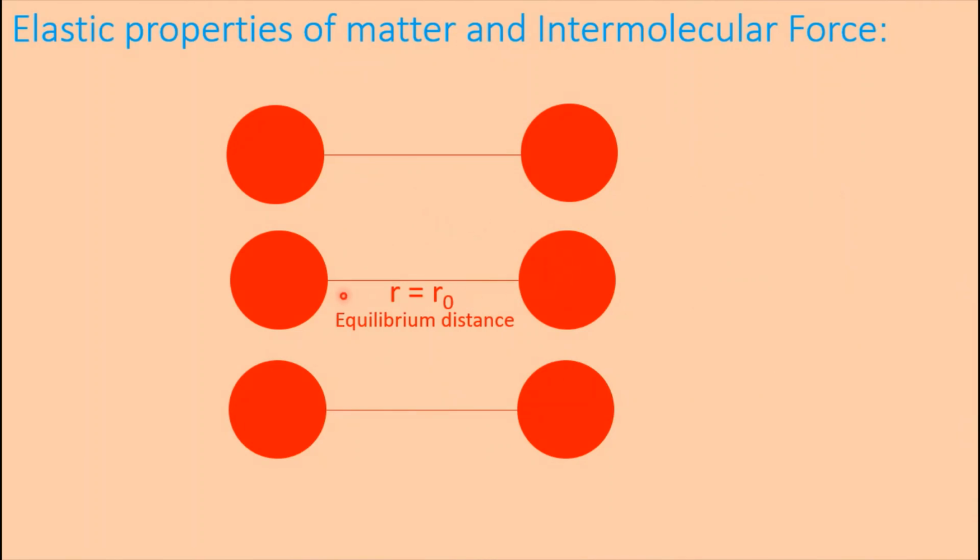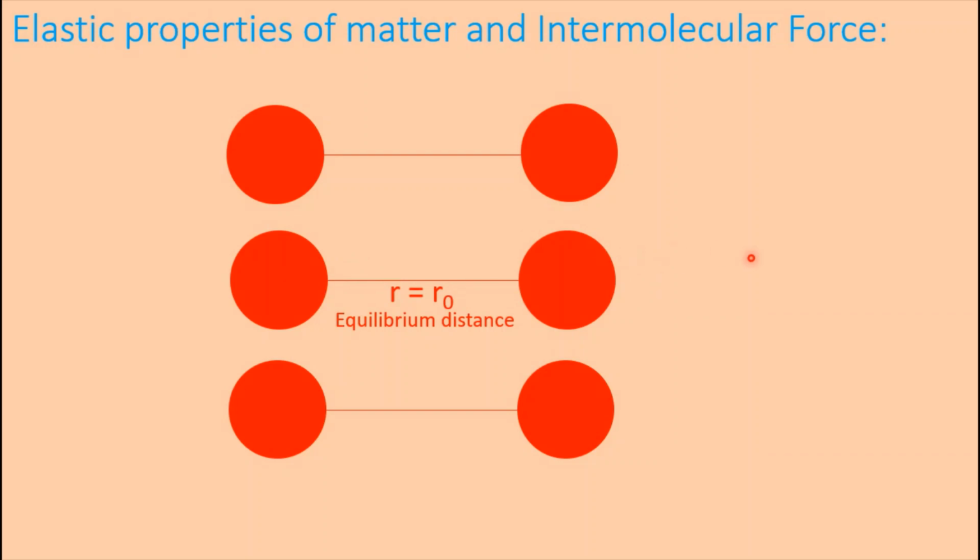We know this equilibrium distance depends on matter and temperature. For different matter the value of r0 is different, and at different temperature the value of r0 is different. r0 will change if the temperature is changed.